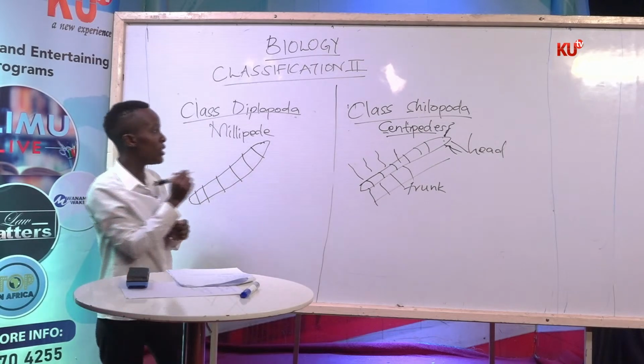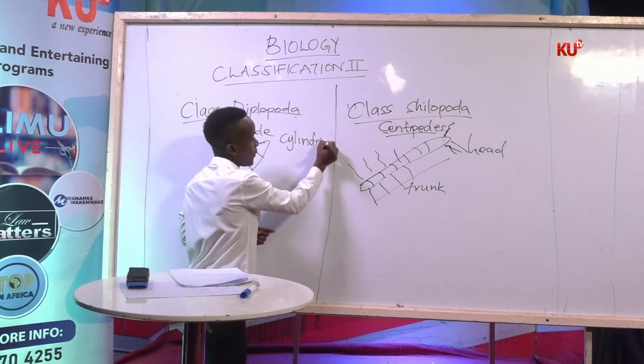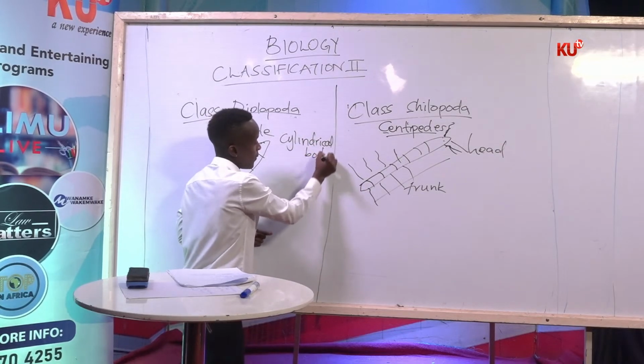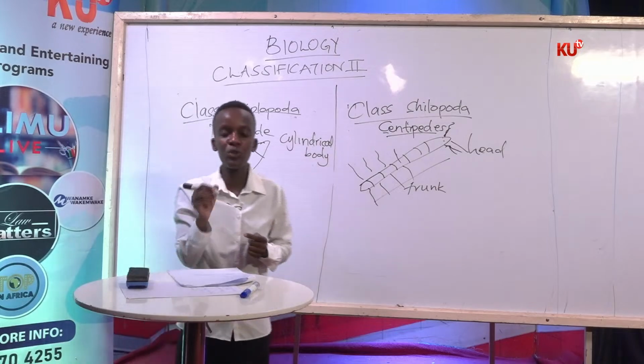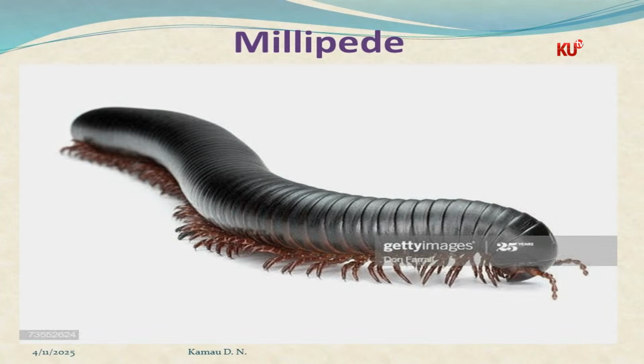We said the body is cylindrical. Another characteristic is that millipedes have 2 pairs of legs per segment. One segment here will have 2 pairs of legs.